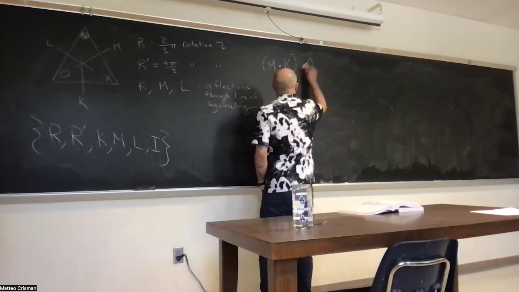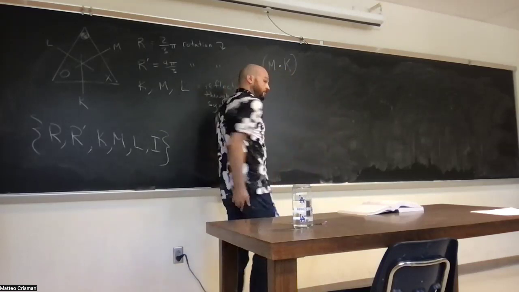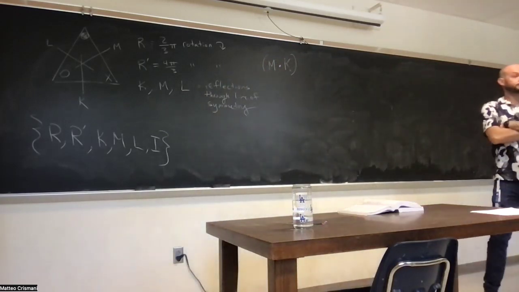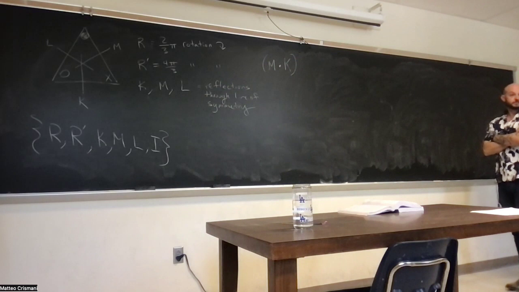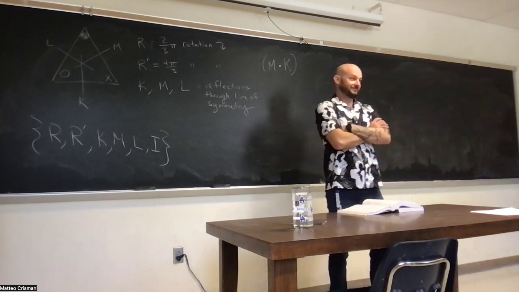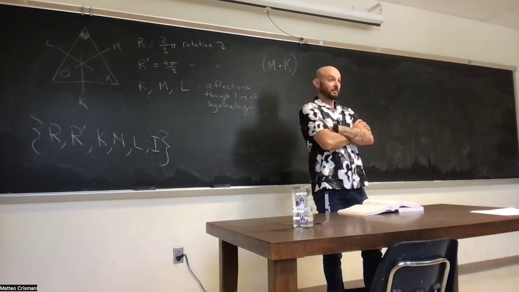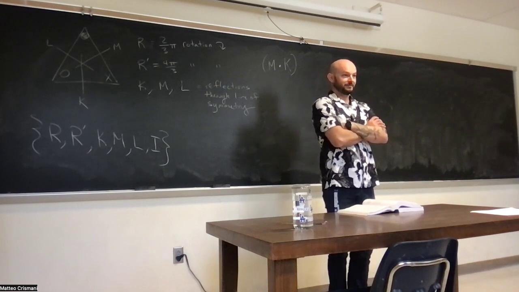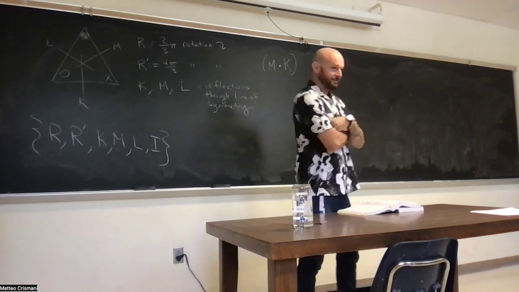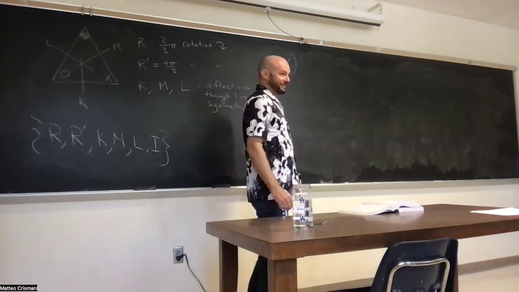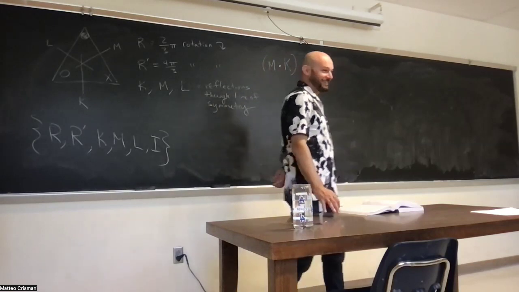We're flipping over M. Flip over K first, and then you flip over M. It's a mirror. Mirrors have lines of symmetry, right? Yeah, planes or something.